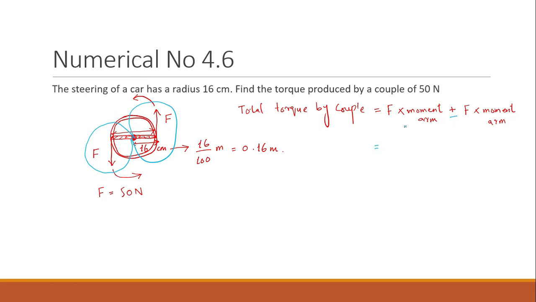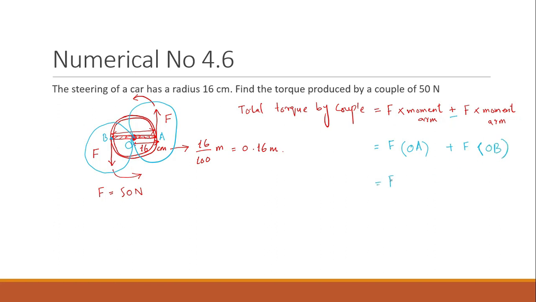If we take F common, because the forces are the same, then for the moment arm, consider this origin point as O, and this point where the force is applied A, and the other point where the force is applied is B. Then the moment arm for the first force is OA, plus F into the moment arm for the second force, OB.